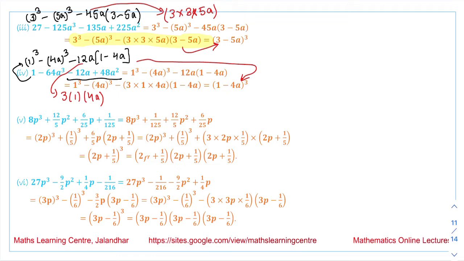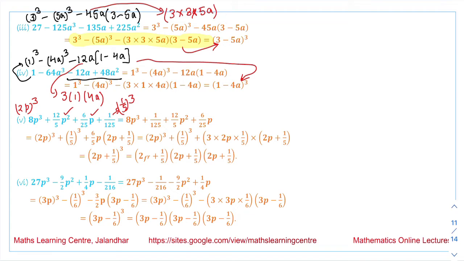Similarly, in the next question we have 8p cube, so it is (2p) whole cube. Next it is 12 by 5 p square. So this is a square term and this is having the power 1, and this term we can write like (1 by 5) whole cube.